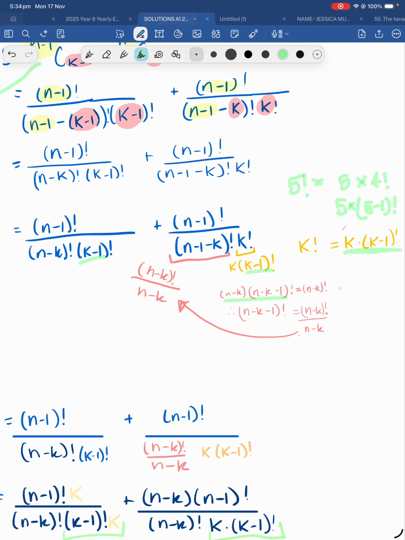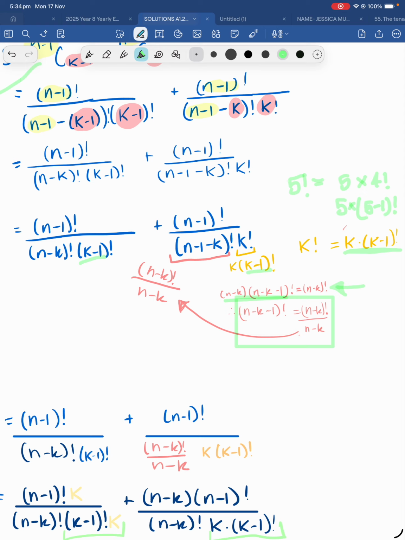So once I had that line there, I wanted to rearrange it to make an expression to replace my n minus 1 minus k. So I rearranged it, brought the n minus k over and divided. Now this gave me an expression here for how I could replace n minus k minus 1 factorial.